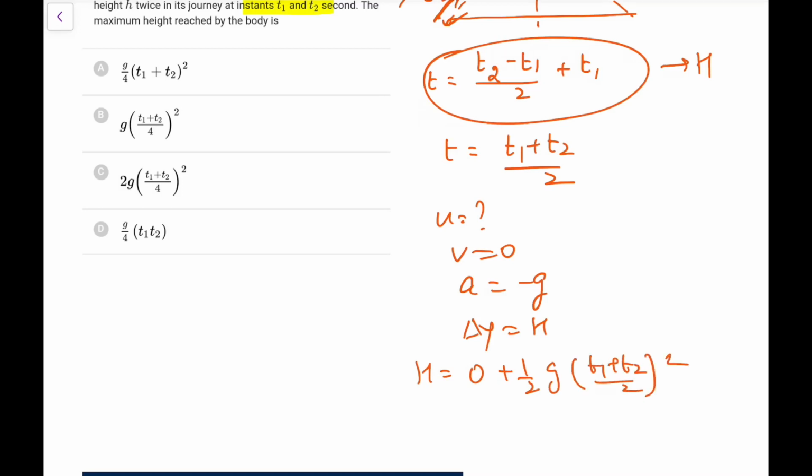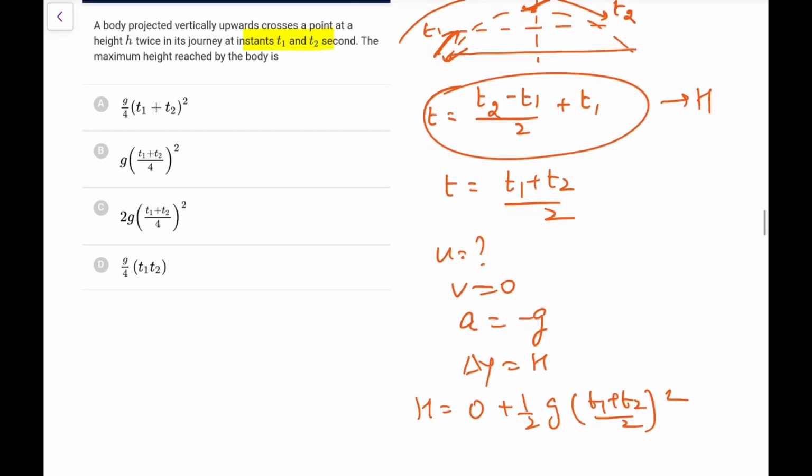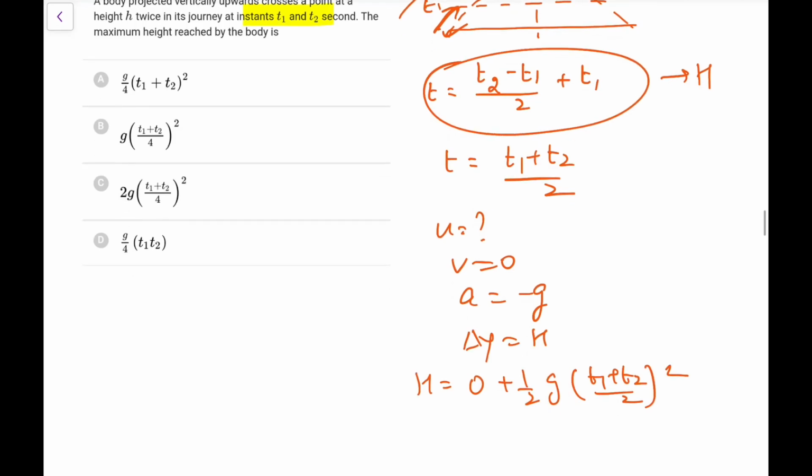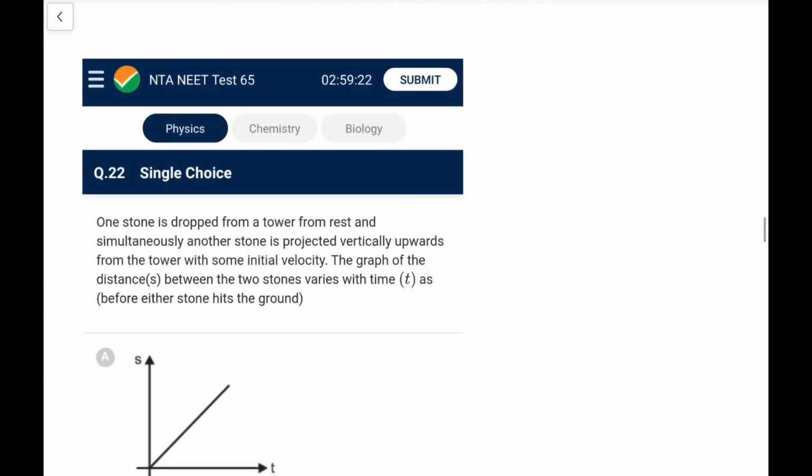So the maximum height reached would be g(t1 + t2) square by 8. So this is option C, that is the most appropriate answer.